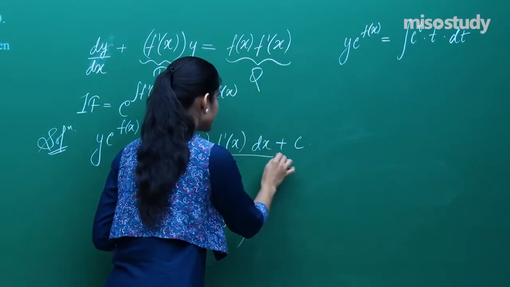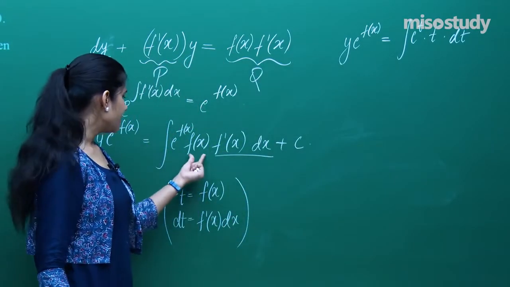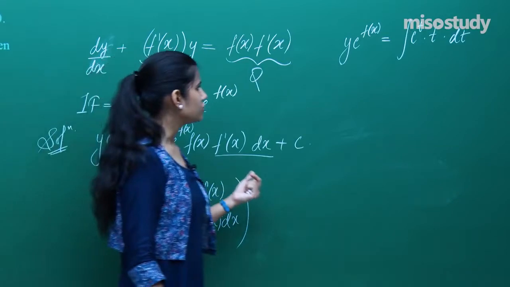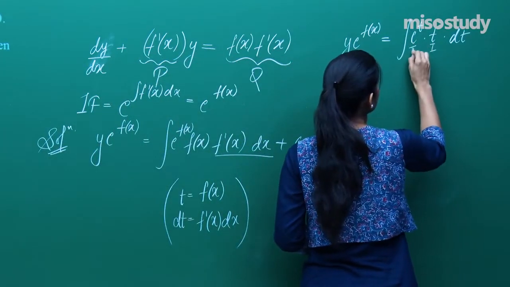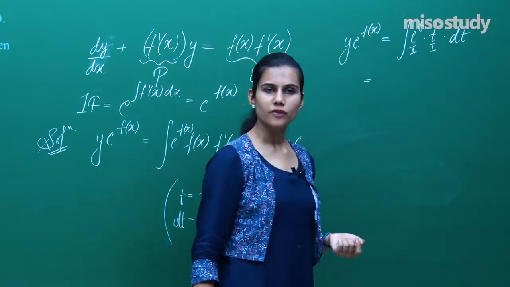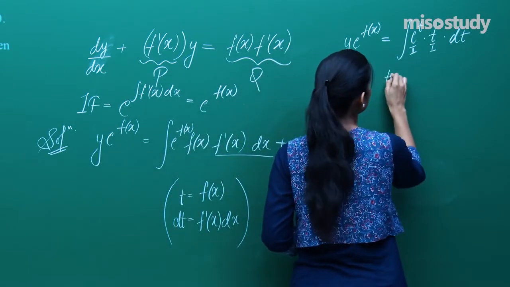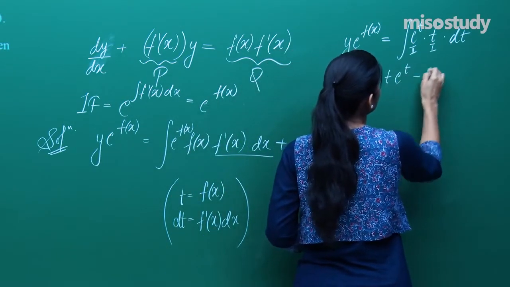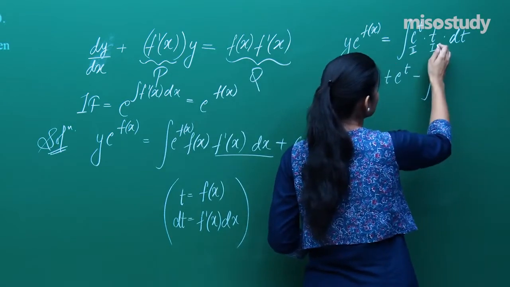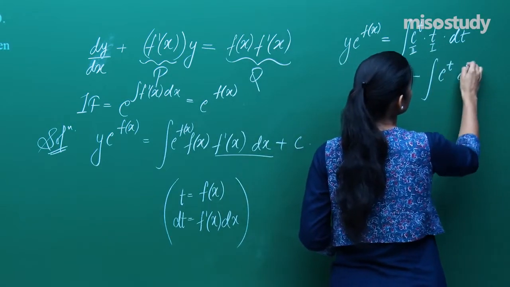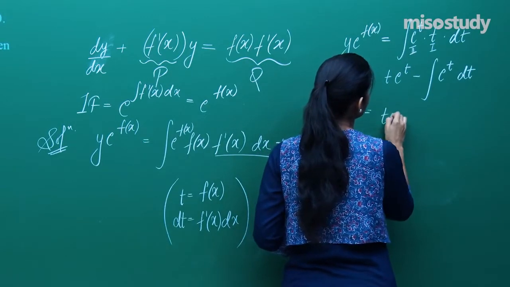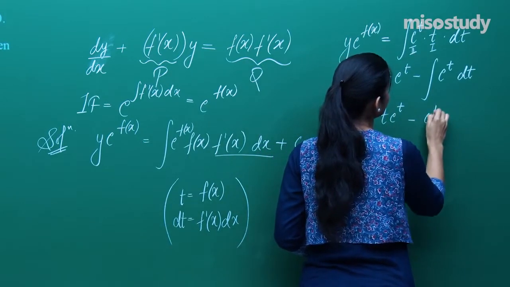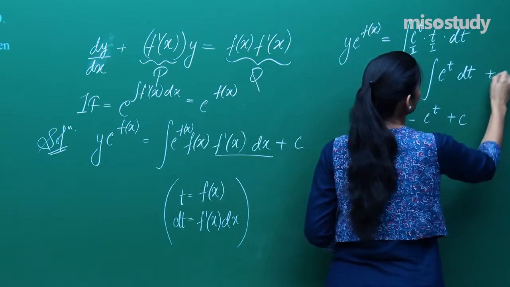Because f dash x dx completely is dt, fx is t, e to the power fx is e to the power t. Now this is going to act as the first and this as the second function according to the ILATE rule. So you have first into integration of second minus integration of differentiation of first into integration of second dt. Then here you have t e to the power t minus e to the power t plus c obviously.